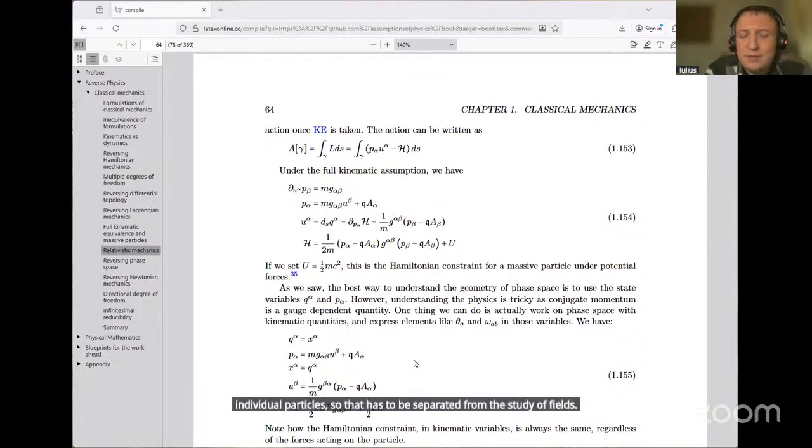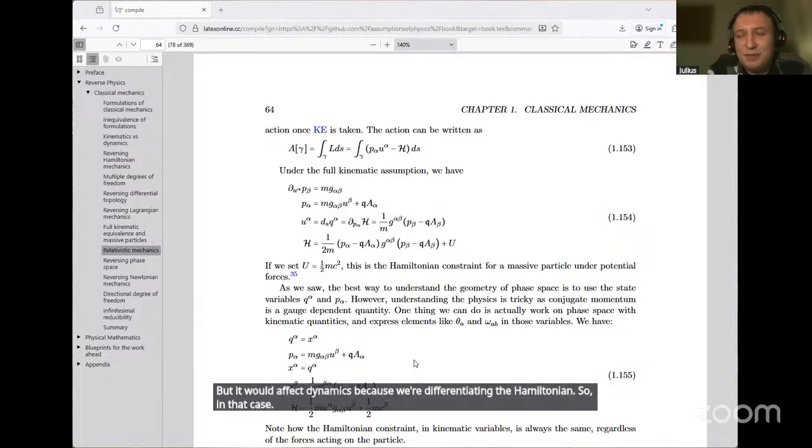But let's say when we are studying fields and we have a scalar field, from what I understand, a scalar potential would not affect the symplectic form, but it would affect dynamics because we're differentiating the Hamiltonian. So in that case, it seems that the vector potential is not needed.